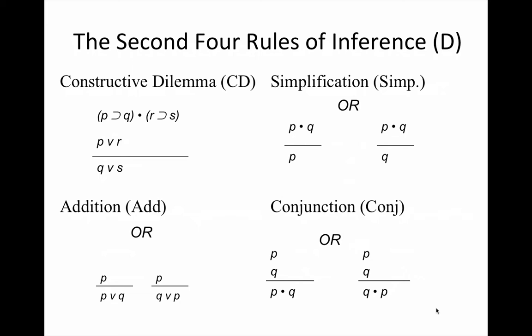In other words, when we have a P disjunction Q statement, the disjunction is true when P is true, and it could also be the case that Q is true. It could be the case that P is true, Q is false. Could be the case that Q is true and P is false. In other words, the disjunction is true when at least one of the disjuncts is true.